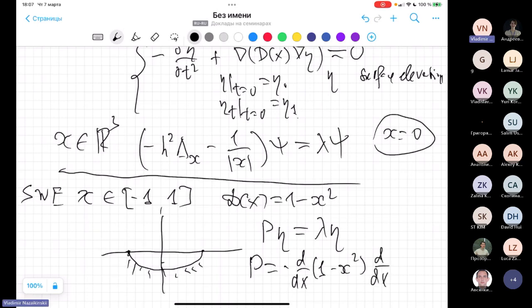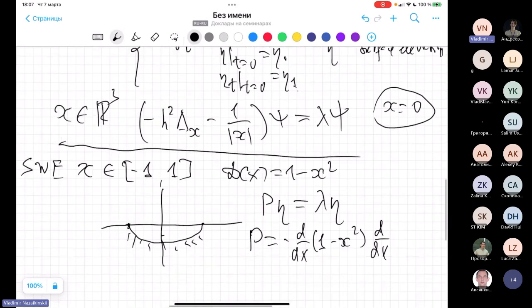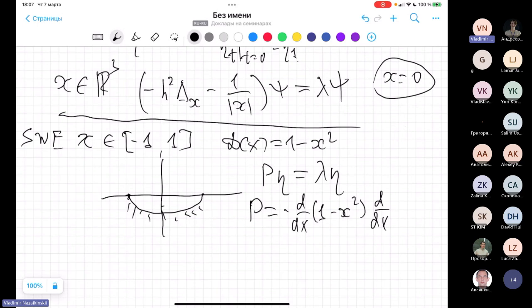So this is a degenerate operator. How can we construct asymptotics or exact solutions to this equation?